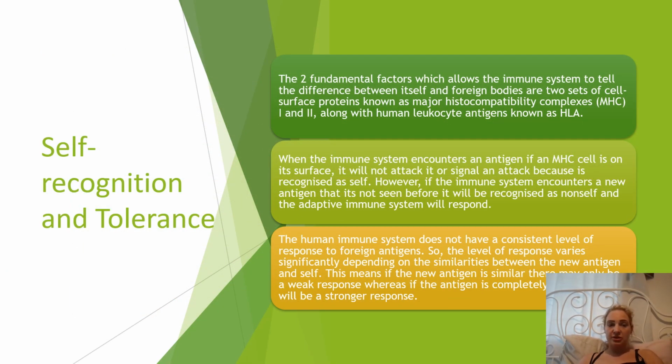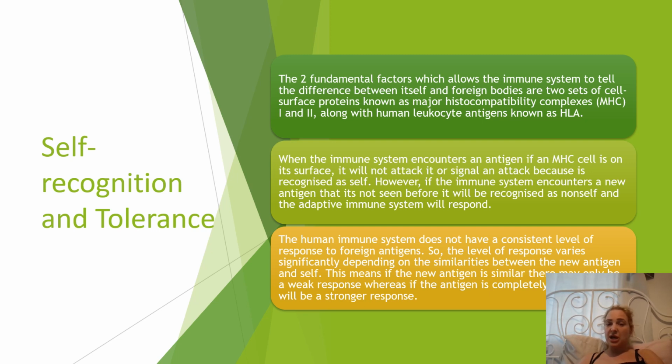Self-recognition and tolerance. The 2 fundamental factors which allow the immune system to tell the difference between itself and foreign bodies are 2 sets of cellular surface proteins known as major histocompatibility complexes, MHC 1 and 2, along with human leukocyte antigens known as HLA.